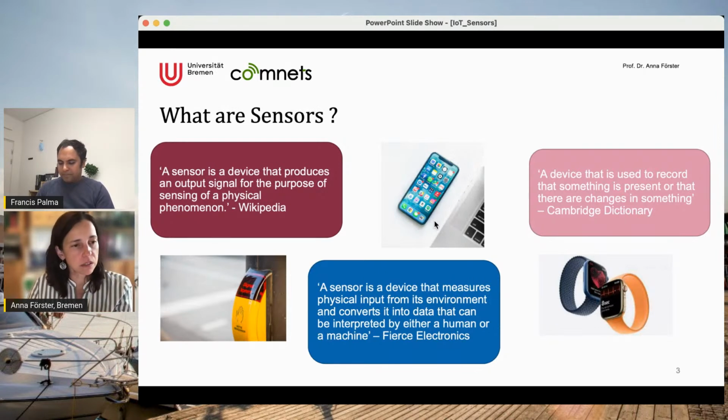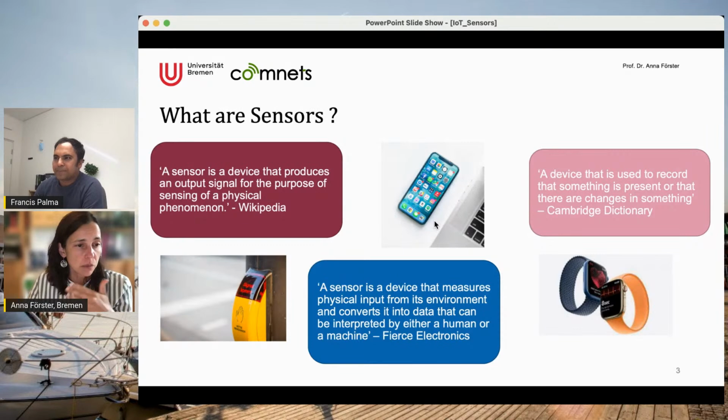A sensor is a physical device which is typically very small, but it can also be very complex. You can compare a temperature sensor, which is typically tiny and very cheap, with a night vision or infrared camera, which is a really complex and expensive sensor. All of them are trying to sense some environmental phenomenon and turn it into an analog or a digital signal in order to be used in something.